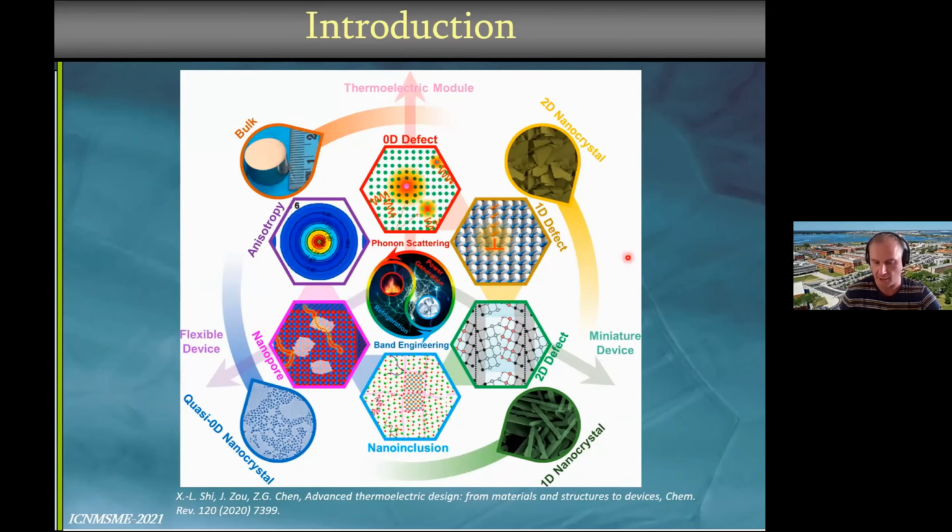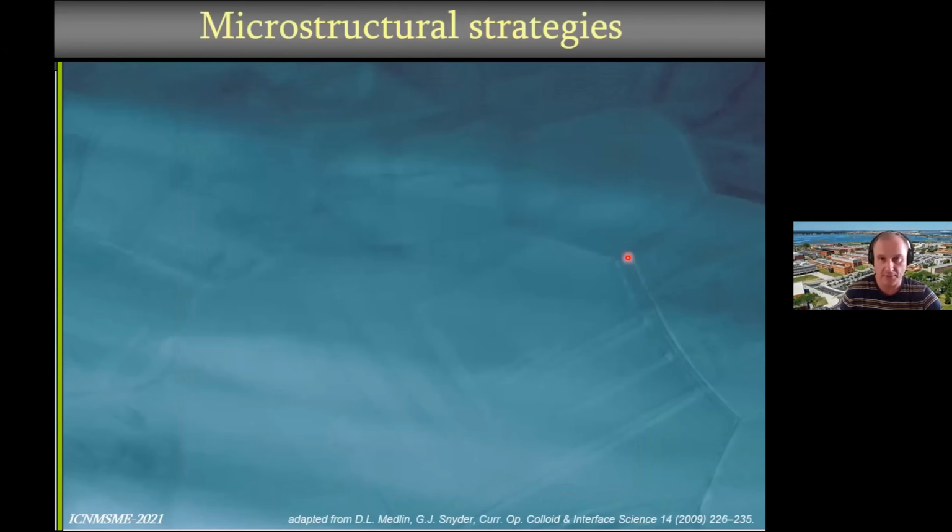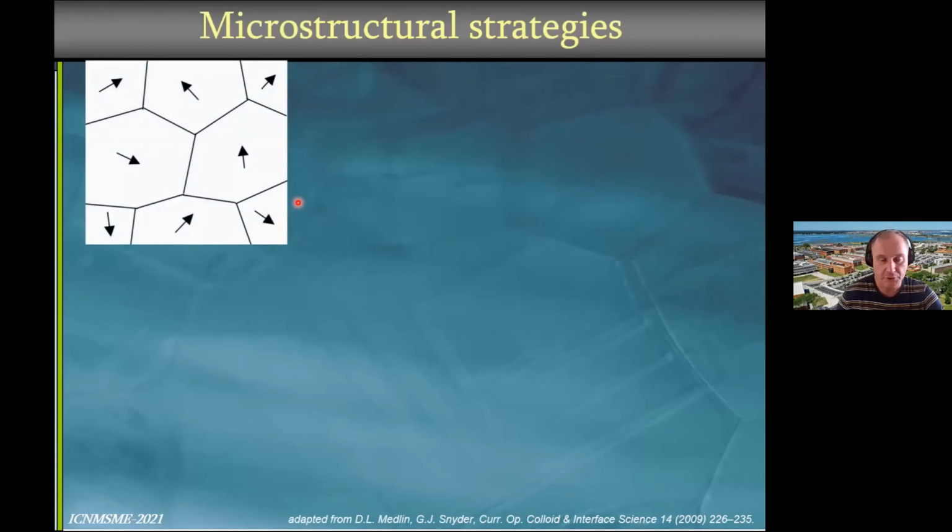You might know that the control of interfaces in thermoelectric materials is crucial for the improvement of the performance. Normally, we are dealing with polycrystalline materials because they are somewhat easier to prepare. Also, in many cases, they have much better mechanical properties.